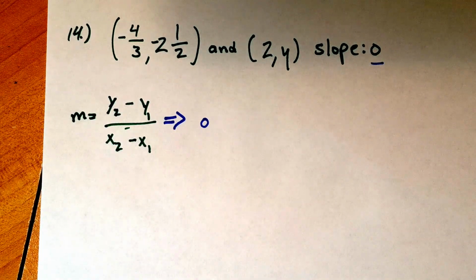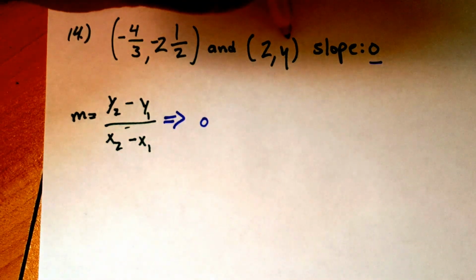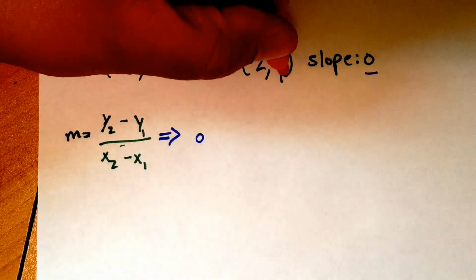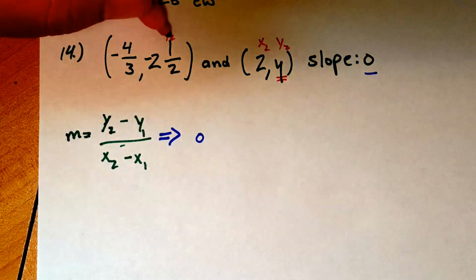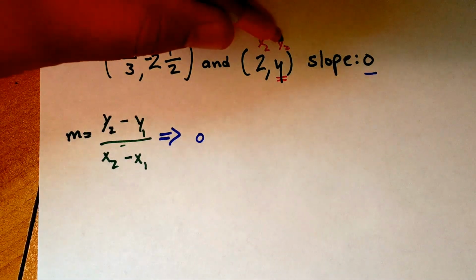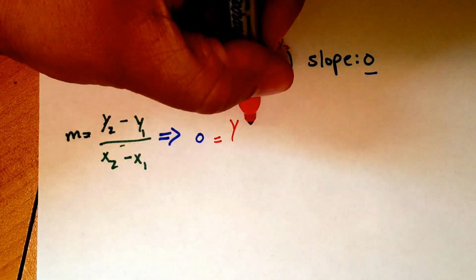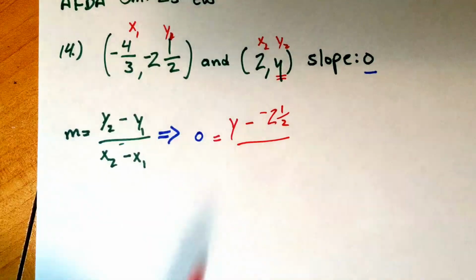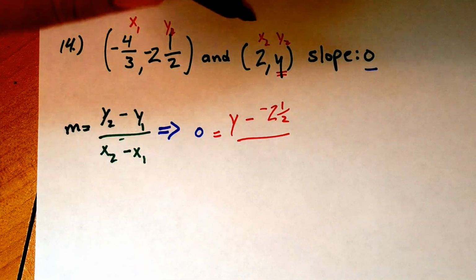We look at our y's. So let's say this is y2. Again, it doesn't matter if I pick this as y2 or this is y2 as long as I'm consistent. So I'm picking this as my y2. So y2 is y minus my -2.5 all over my x's.